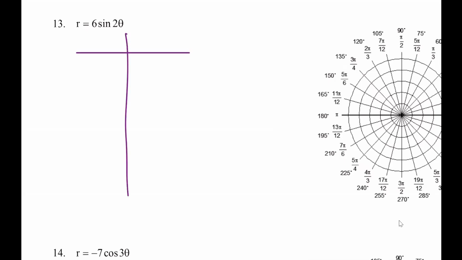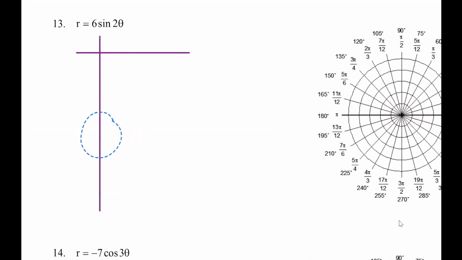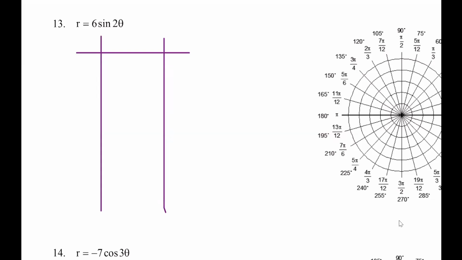So yeah, I was going to think about cutting to the chase here, but how about I do it just like I did in the last one? All right, so theta, 6 sine 2 theta, and r.